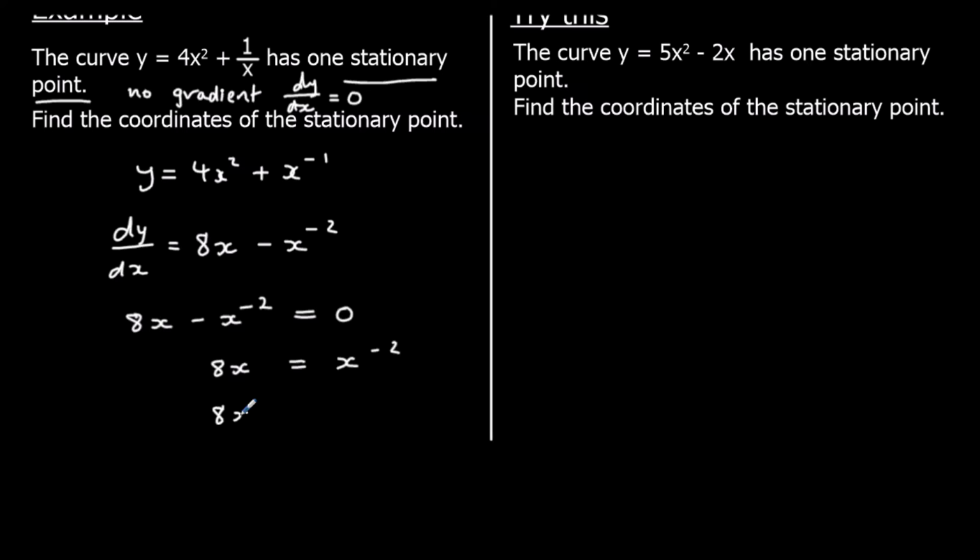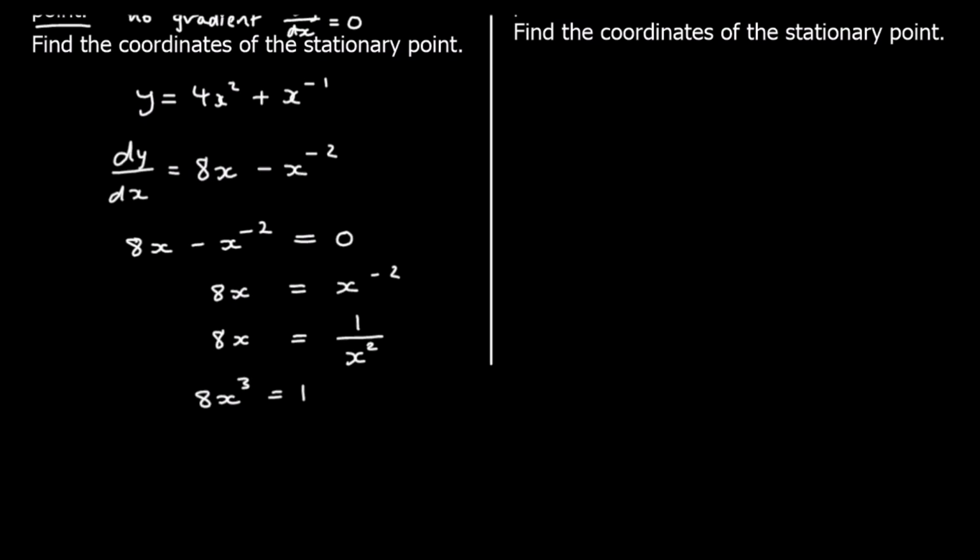So instead of x to the power of negative 2, I'm going to write 1 over x squared. They mean the same thing. Now I can multiply both sides by x squared. So x times x squared is x cubed. So 8x cubed equals 1. Divide both sides by 8. So x cubed is 1/8.